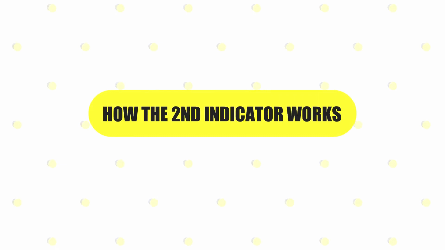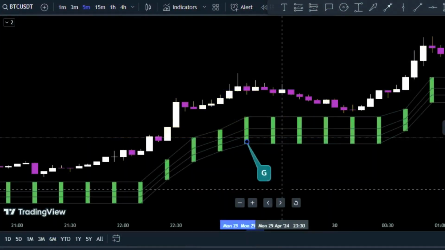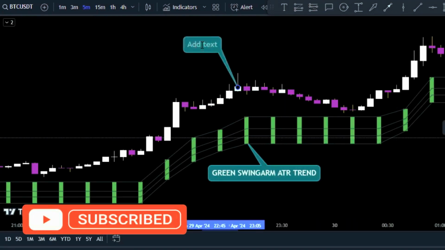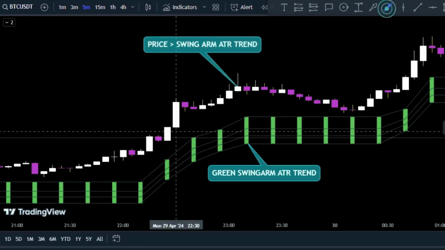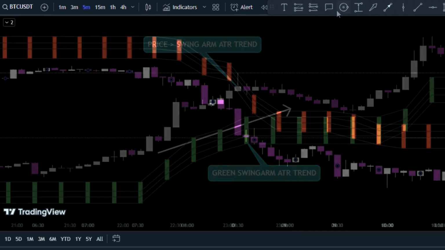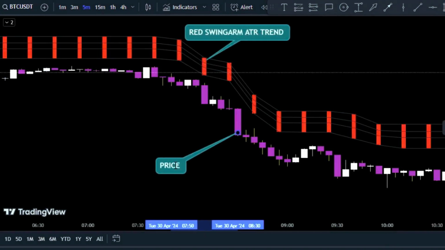Let's now talk about how the Swing Arm ATR Trend Indicator helps you identify trends in the market. When you see the price moving above the green swing arm line, it's an indication of an uptrend. This is when you should keep an eye out for buy signals from the STD filtered regularized EMA indicator. And if the price is found below the red swing arm line, it points to a downtrend.